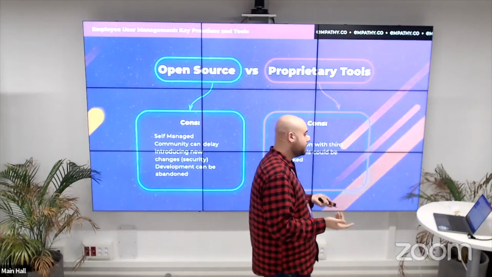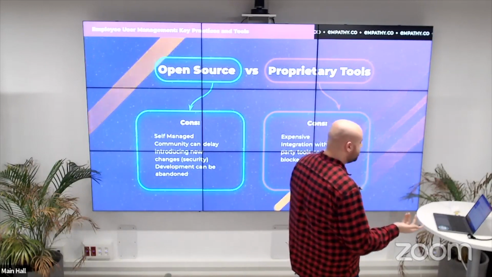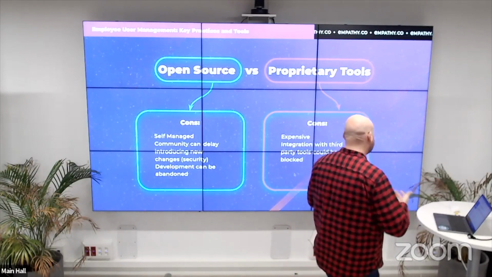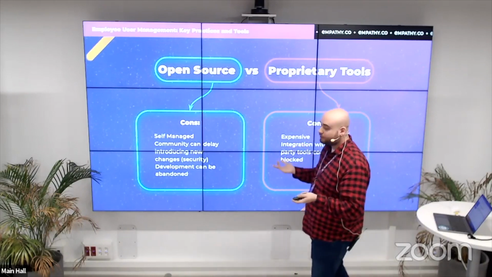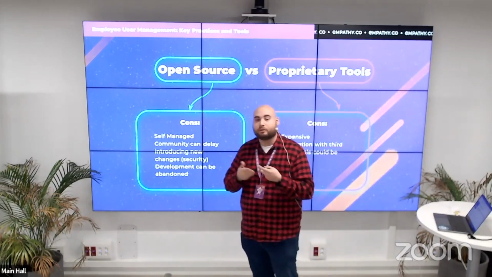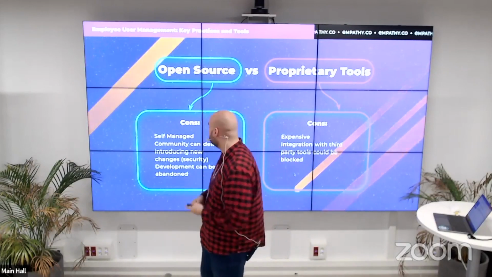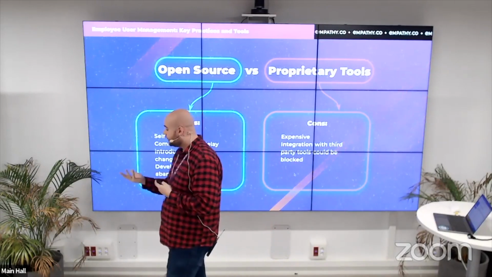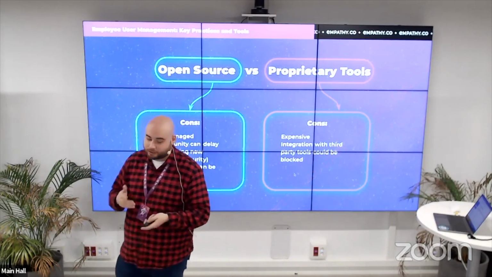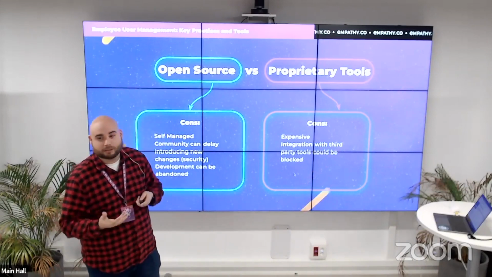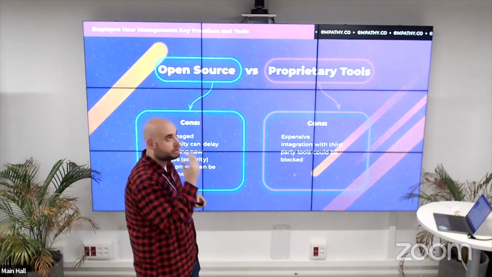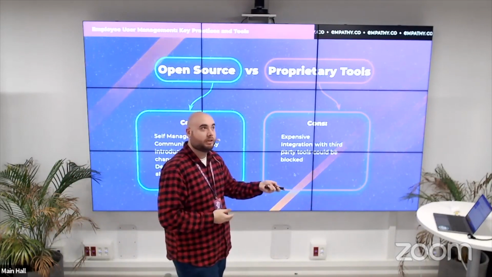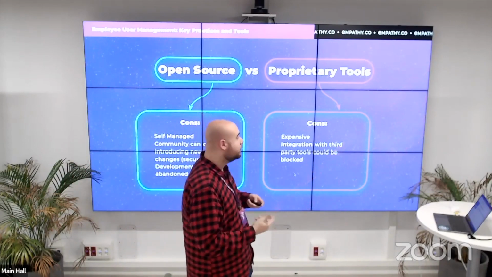On the other side, open source and proprietary tools have their cons. For example, open source tools tend to be self-managed. So if you have an issue and you don't know how to fix it, you're screwed. The community can delay a little bit, especially for security updates. For example, let's say that a vulnerability appears in the PHP version that you're using.